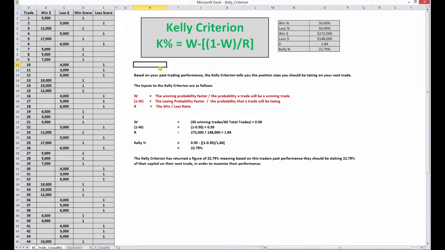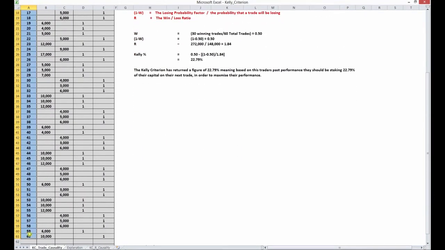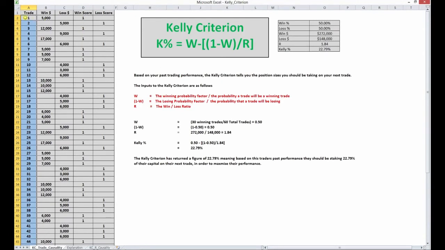So we've got here a theoretical trader who's done 60 trades. On trade 1, this trader made $5,000 and it's a win. So a 1 goes in the win score.